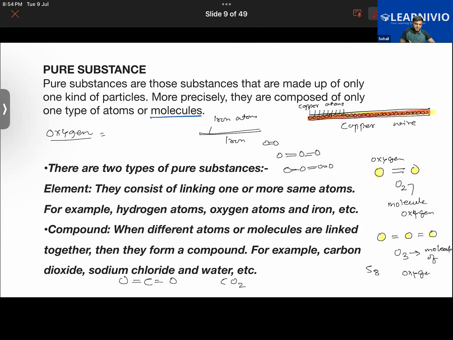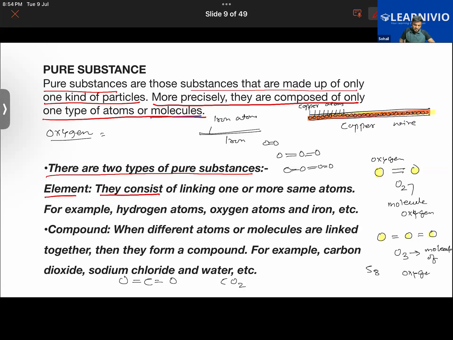Write the definition: pure substances are those substances that are made up of only one kind of particles. Or more precisely, they are composed of only one type of atoms or molecules. Then write there are two types of pure substances. One, element: they consist of one or more same atoms.